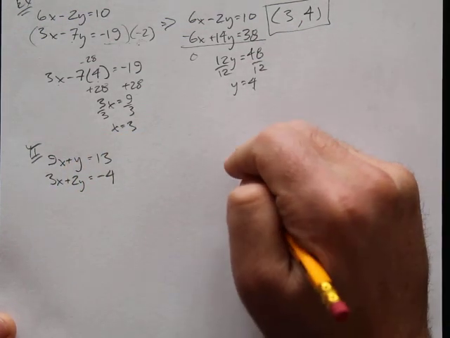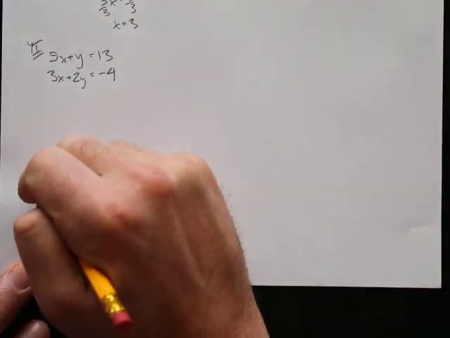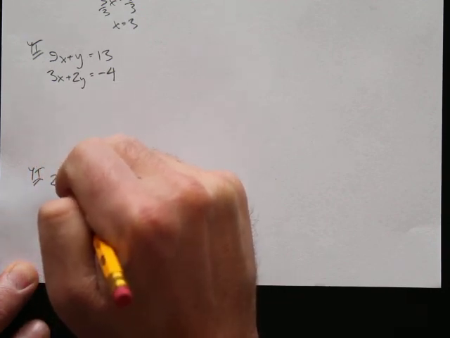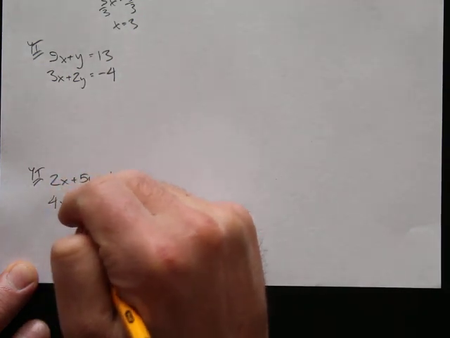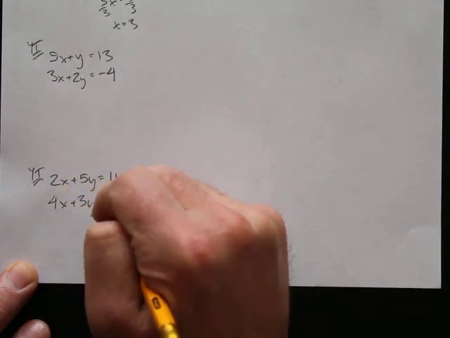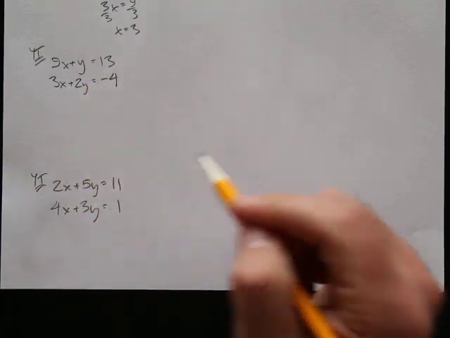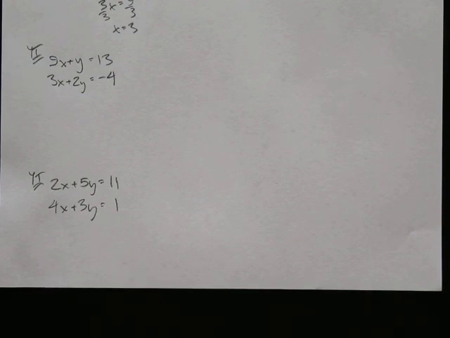And let's have you do another one here. 2x plus 5y equals 11, and 4x plus 3y equals 1. All right, you've got two systems of equations to solve. Go ahead and get those done, and then we'll come back and take a look at it together. Go ahead and pause.